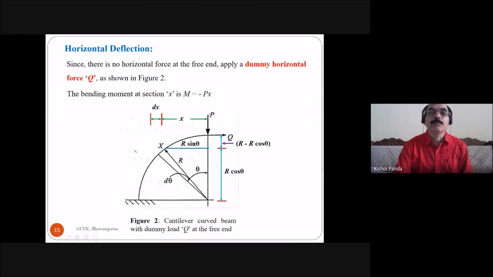In addition to the vertical force, you have to apply another horizontal force Q at B.